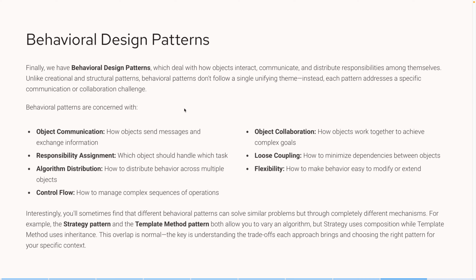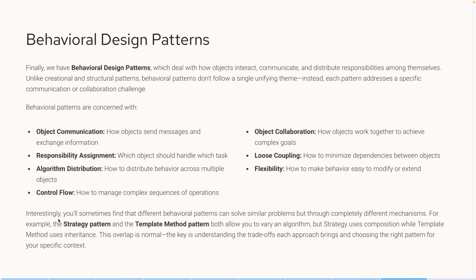Behavioral patterns are concerned with object communication, responsibility assignment, algorithm distribution, control flow, object collaboration, loose coupling, and flexibility. Object communication means how objects send messages and exchange information. Responsibility assignment means which object should handle which task. Algorithm distribution means how to distribute behavior across multiple objects. So this is the main thing.